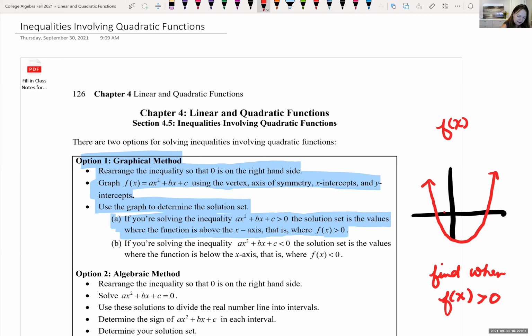Let's say that this is -2 where it's crossing, and let's say that this is 3 where it's crossing. So we're looking at all the x values that are going to give us y values that are positive. Notice our y values are positive in here, and over here.